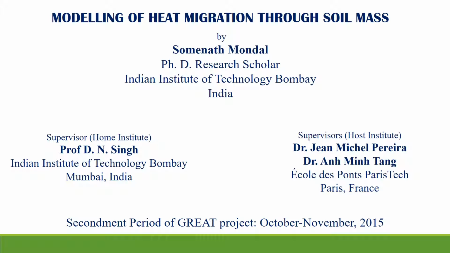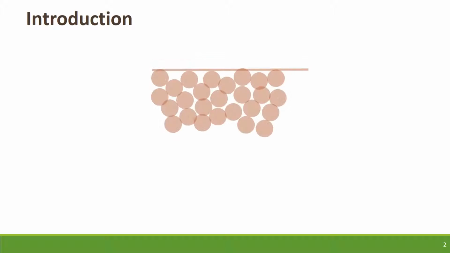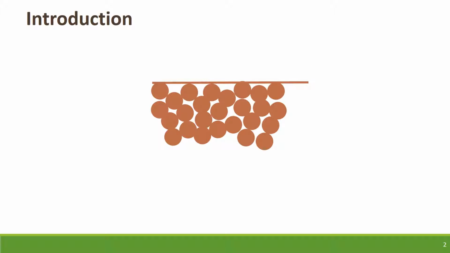First of all, let's see what happens when a soil mass or a soil matrix comes in contact with thermal energy. Let's consider a matrix of soil mass which consists of several water molecules prevailing in the pore space inside the soil particles.